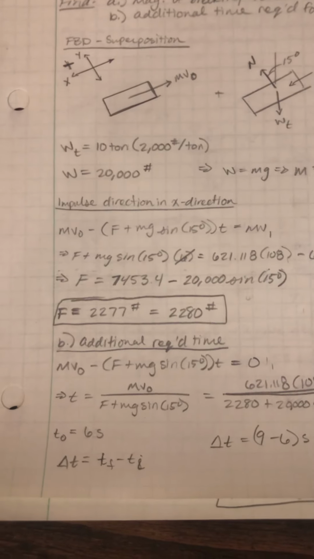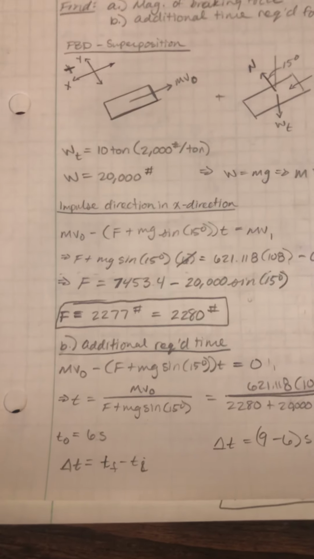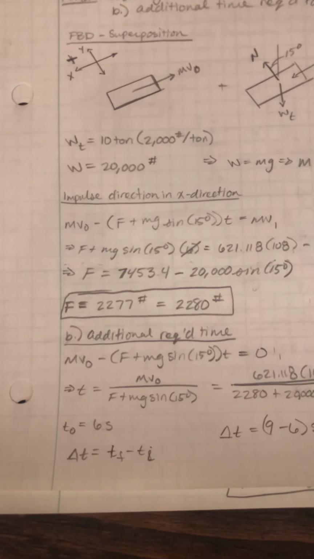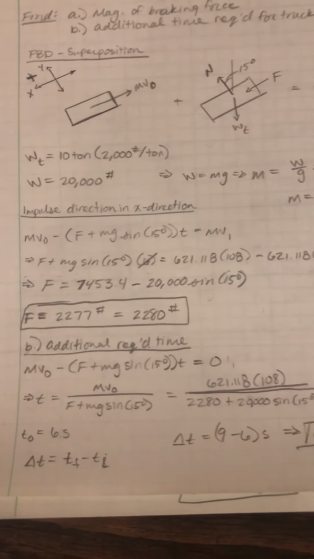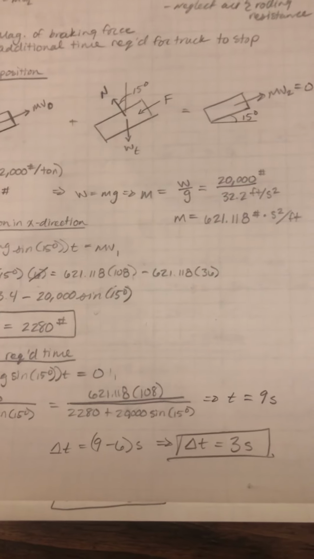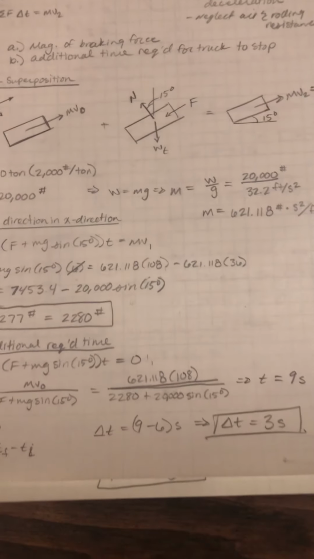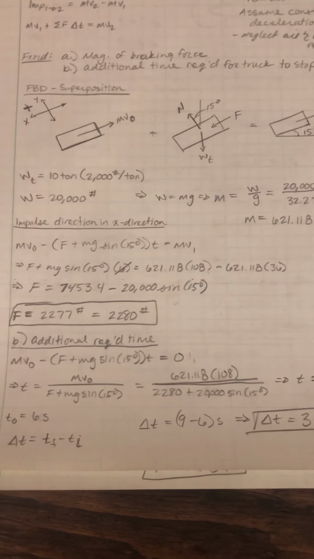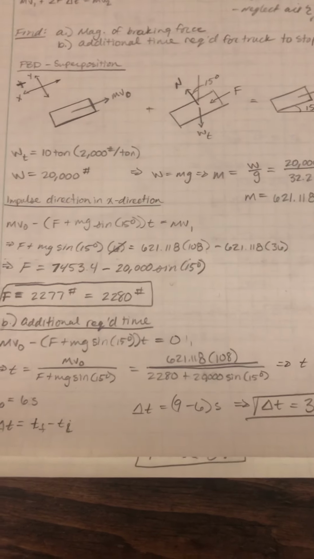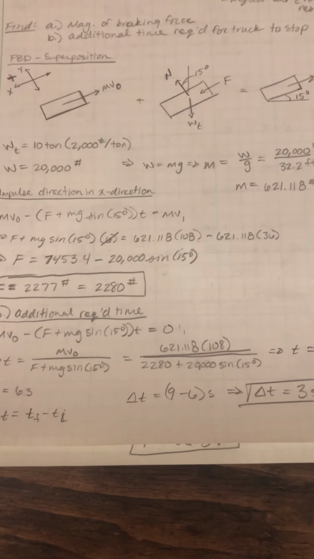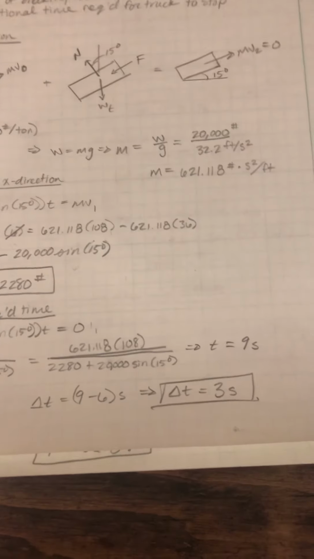So our time is equal to mv naught over the force that we found plus mg sine of 15 degrees. Plugging that in, we find that t is equal to 9 seconds. And so using that our initial time is 6 seconds, we find that the additional time required is 3 seconds.